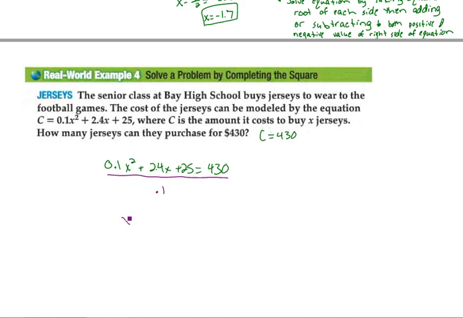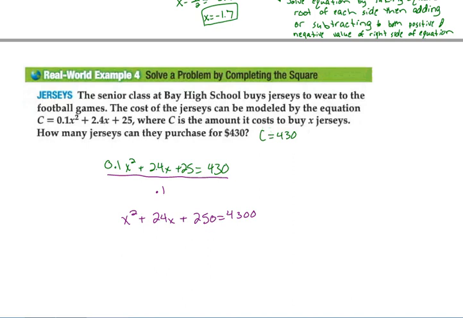So we're left with x squared plus 2.4 divided by 0.1, 24. That makes sense. Plus 250 equals 4,300. Okay.